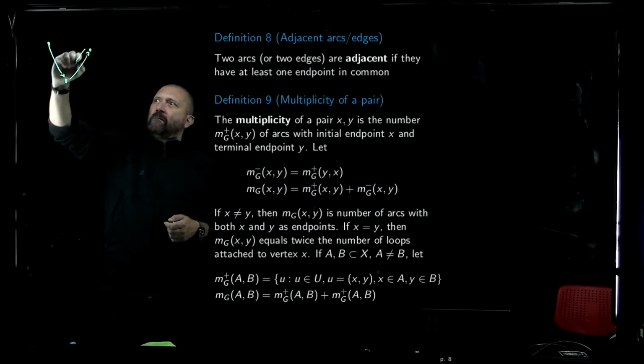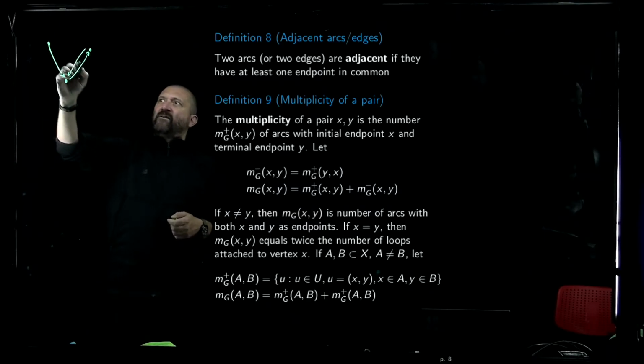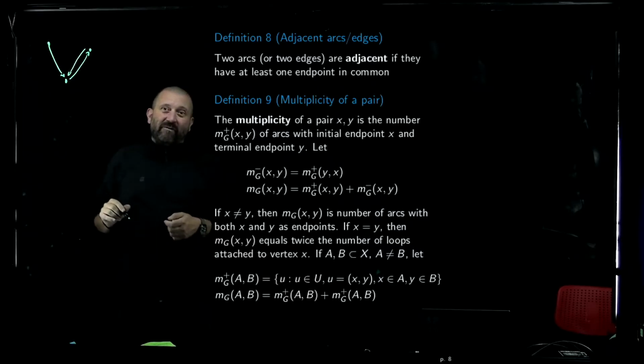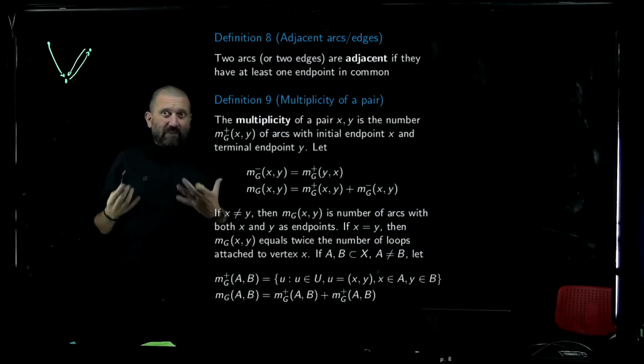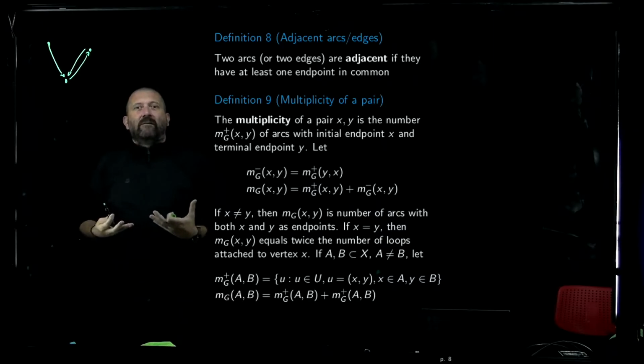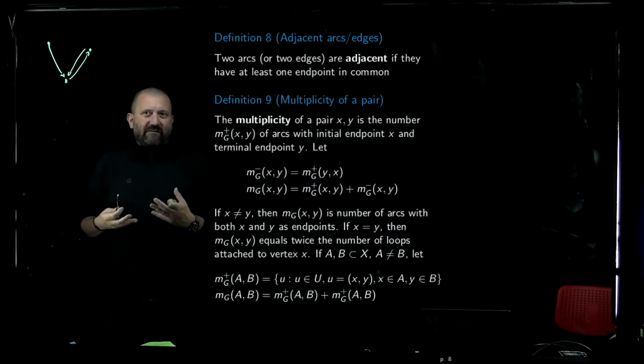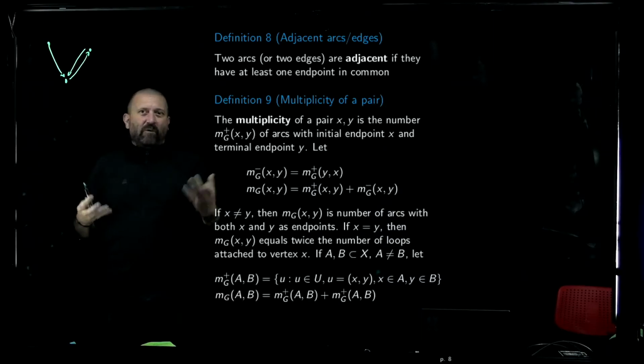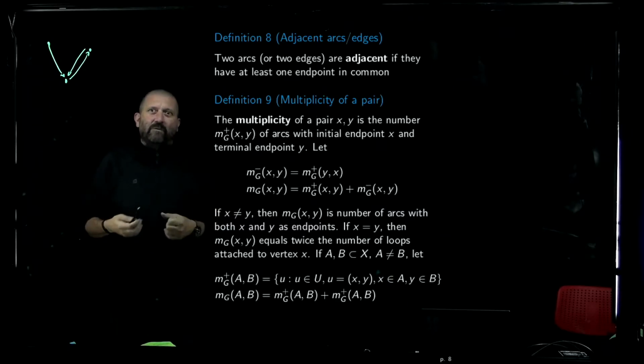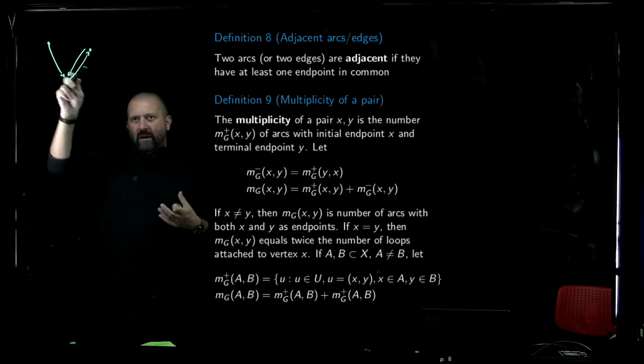They could be like this. These three vertices are adjacent because I'm not imposing the direction of the connection. Okay? It just means one of the endpoints, either the initial or the terminal endpoint, is the same, and therefore I have adjacency.